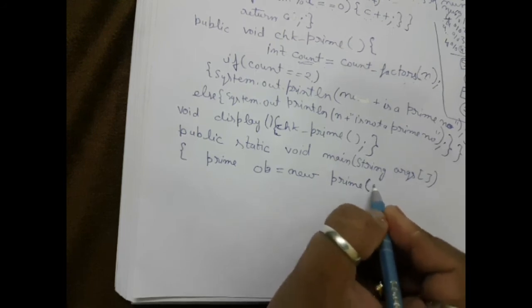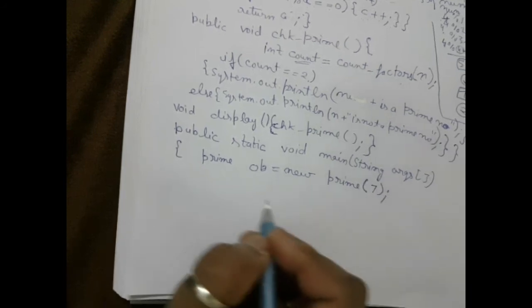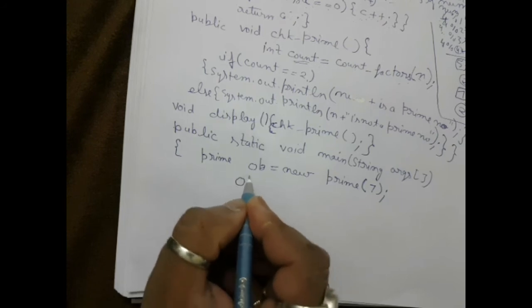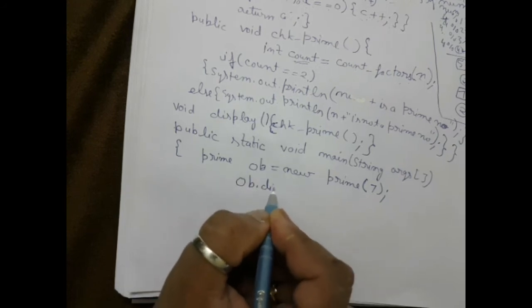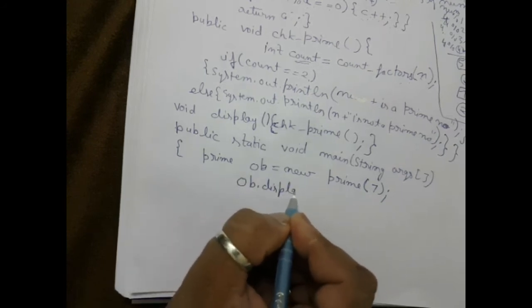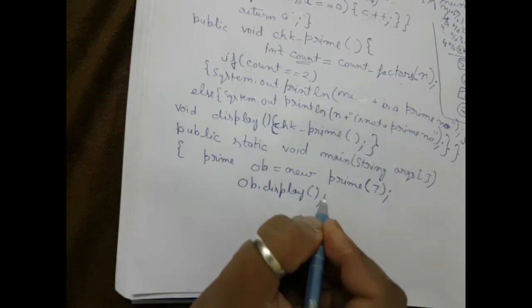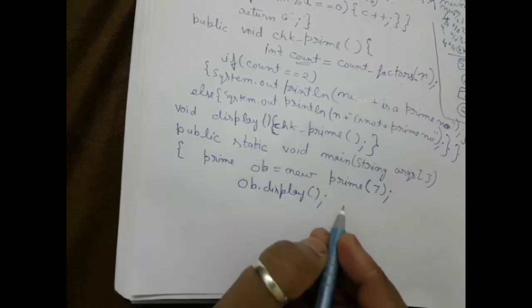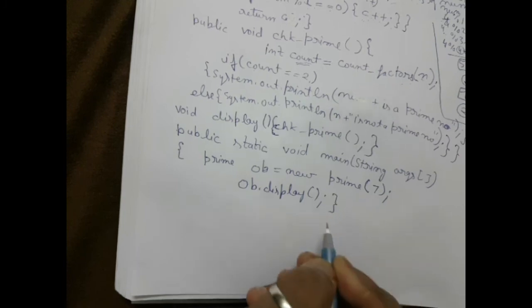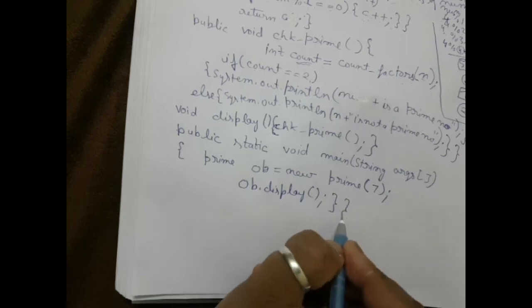Suppose I pass 7 here, and then I can simply write ob.display. All right, and then we close the main function, and then we close the class.